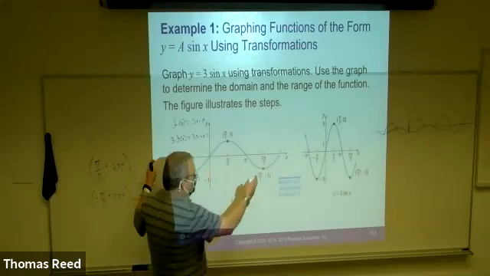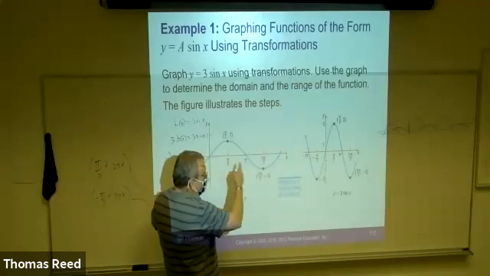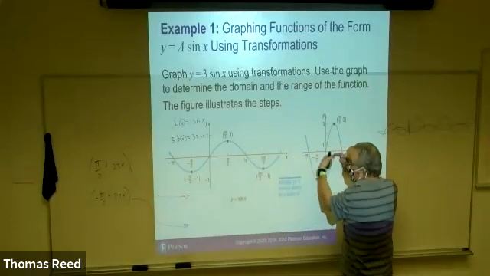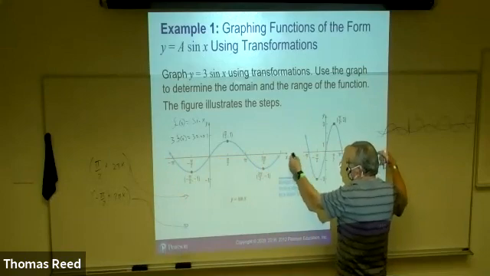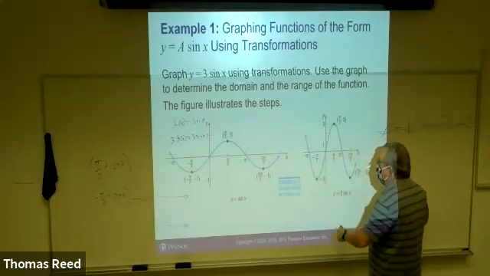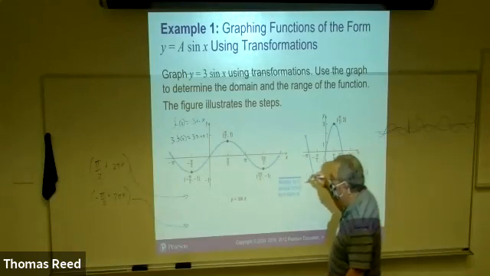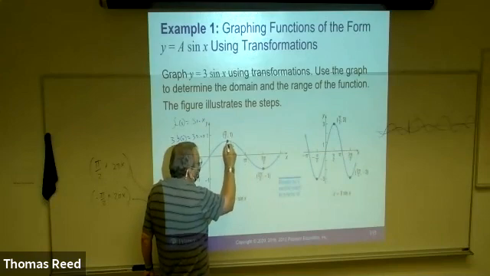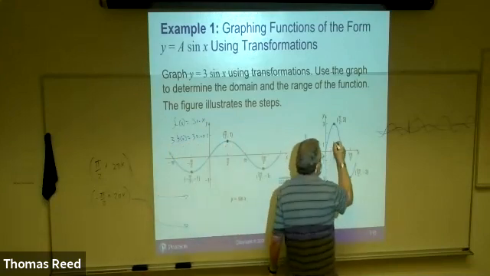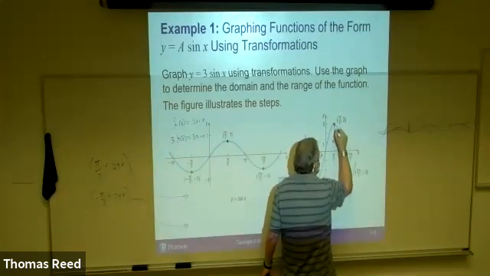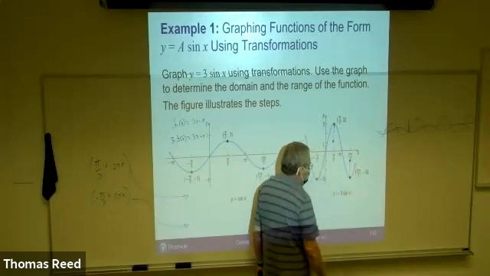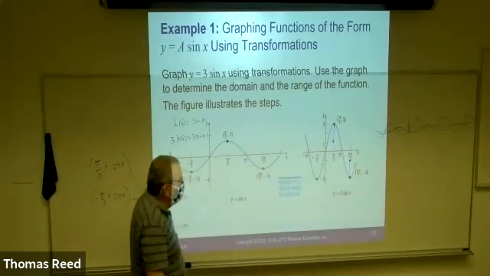This looks like it's compressing it this way, doesn't it? That picture. But this scale here has been shoved in. I wish they had it the same distance as that one. All that happened is, instead of going up to 1 here, that got pulled up to there. And this one, instead of being at -1 down here, it got pulled down to here. And that's what happened to all the y values.